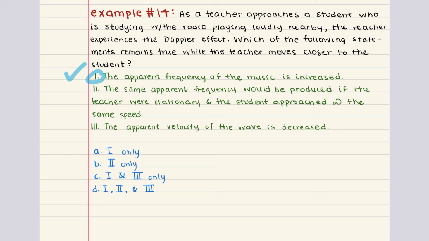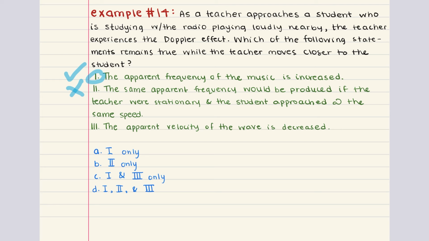If the teacher were stationary and the student approached the teacher, it's not going to affect the frequency that the teacher hears from the radio because the student's movement doesn't influence the sound reaching the teacher. So 2 is false.